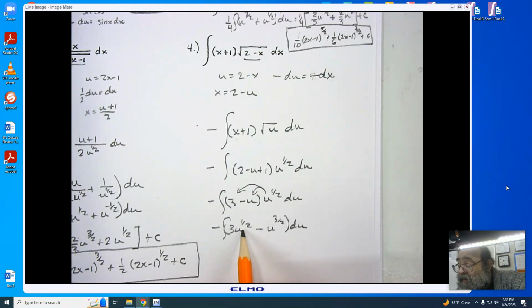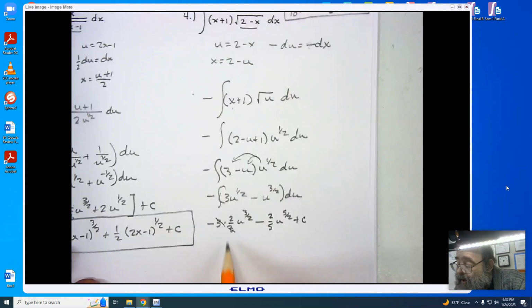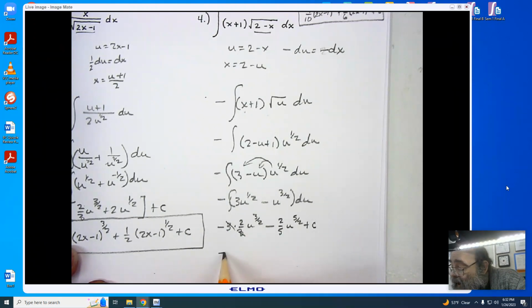This is going to end up giving me 3/2, so I have minus 3 times 2 over 3 u to the 3/2 minus, and this is now 5/2, so 2/5 u to the 5/2 power plus c. 3 is going to reduce, and we're now going to simplify. Negative 2, we're going to put our 2 minus x to the 3/2 power minus 2/5, 2 minus x to the 5/2 power plus c.